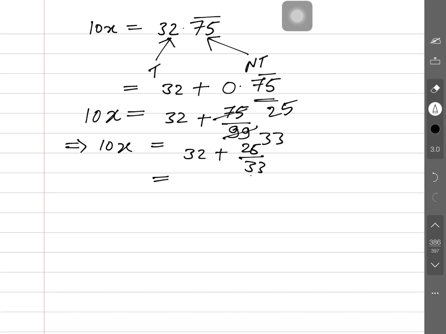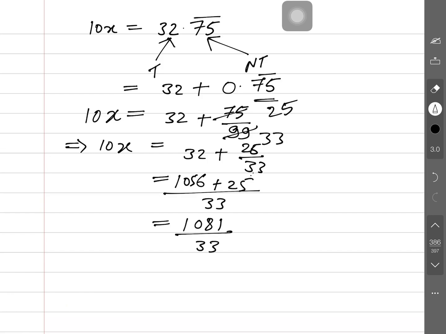Further, 33 is to be read as 32 times 33. So 2 3s are 6, 3 3s are 9, that is 1056, plus 25 and the 33 also there. Now add them, 1056 and 25. How much is there? 1081. And there is 10x equal to 1081 divided by 33.